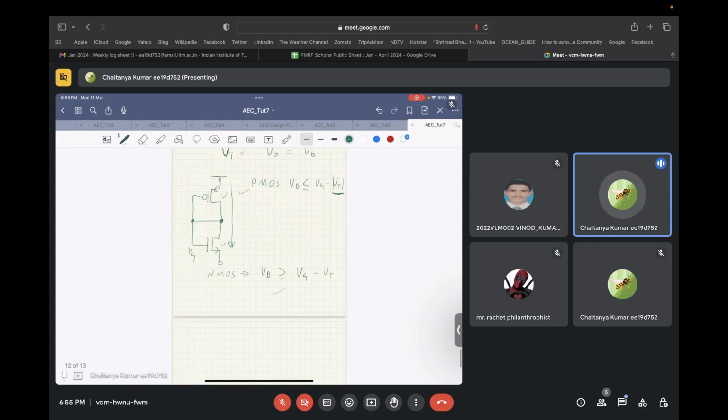Now, if the current is flowing like this, let's call this current ID, or let's call it the current of the inverter. Will there be any current going in this direction?